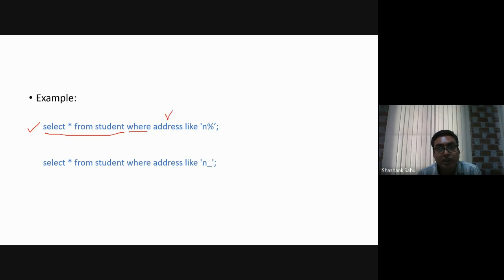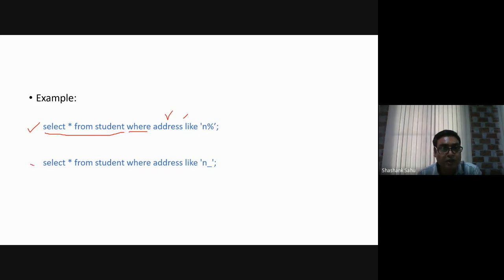So we have given address like n percentage. Meaning any string starting with n will be considered in the result. So the starting character must be n, and the remaining characters can be nothing, there is no character, it can be one character, it can be more than one character also.